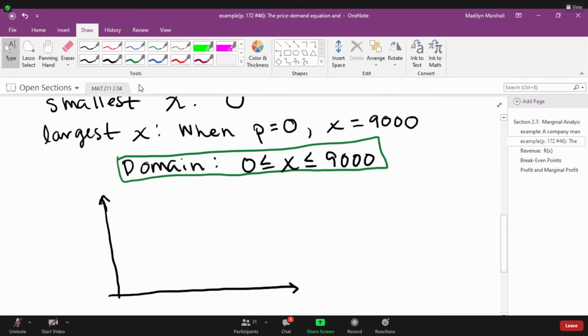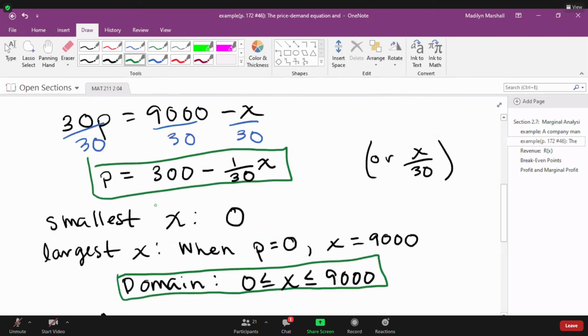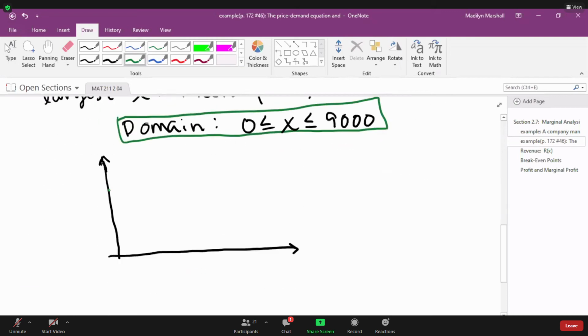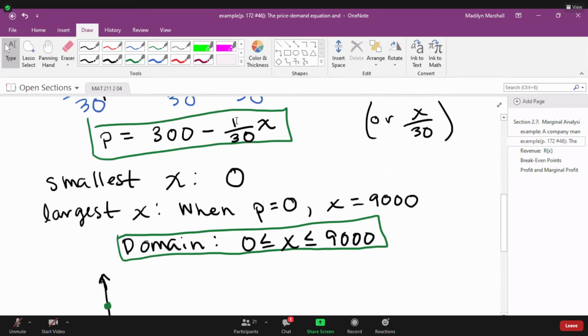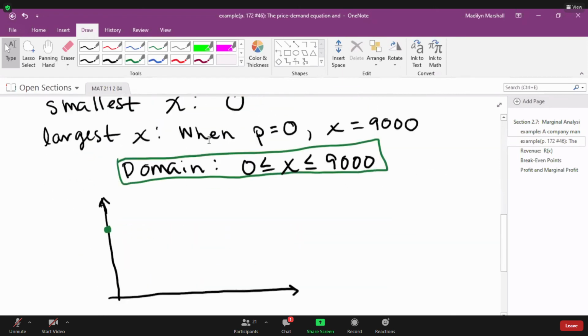Let me draw the graph and then I'll explain in words, because I think it's easier to visualize. If we were just to graph this line, p equals 300 minus 1 over 30x, that is in the form y equals mx plus b, it just has mx and b switched. So the y-intercept is 300, and it has a slope of -1 over 30.